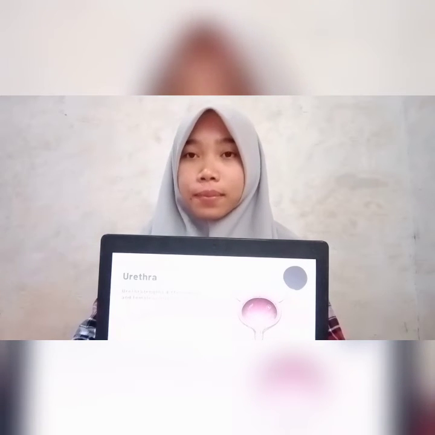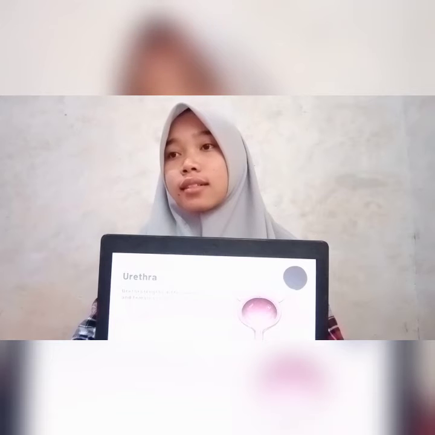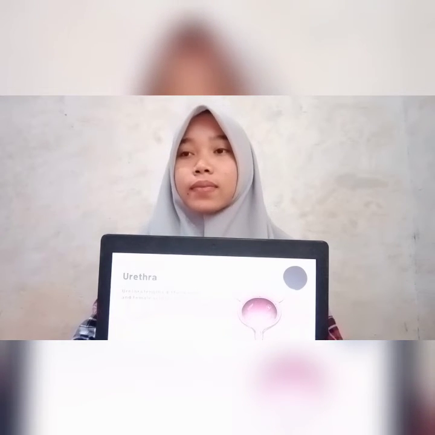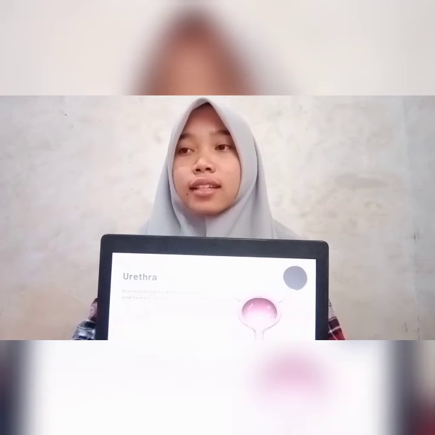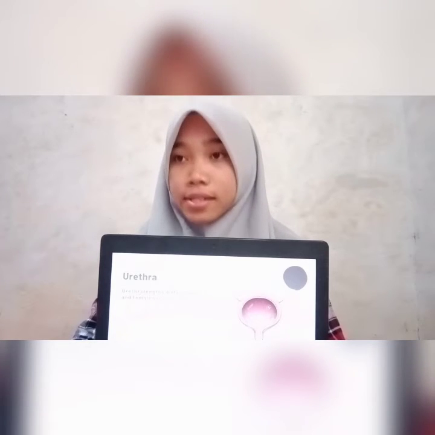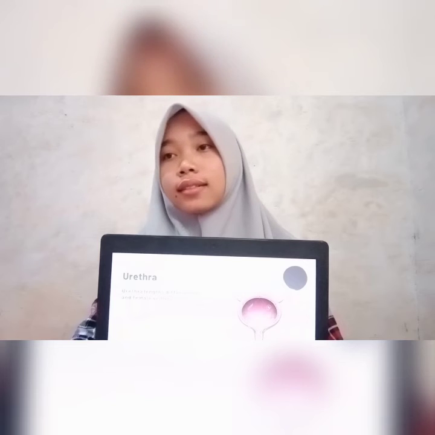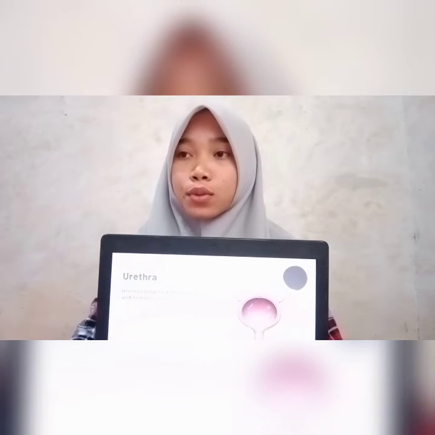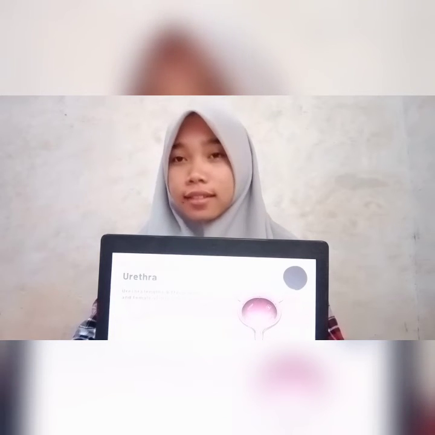The urethra of a female is only around 4 cm in length. This short length is why women are more susceptible to urinary tract infection than men.